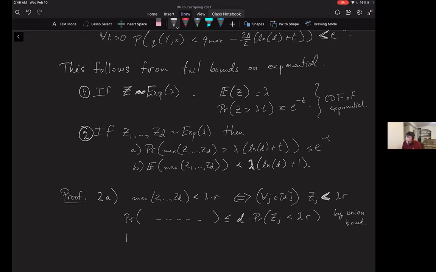Okay, so that means that the probability that the maximum of the z's is less than, I got my less thans and greater thans mixed up. So let me just write this out again quickly. Apologies.